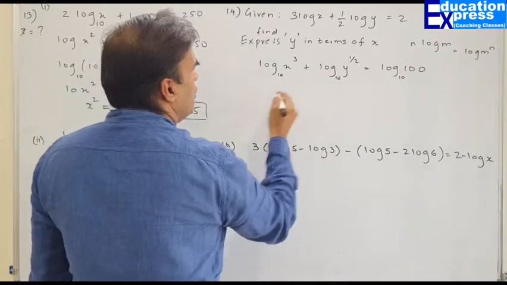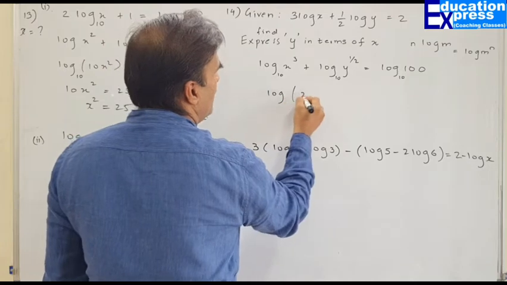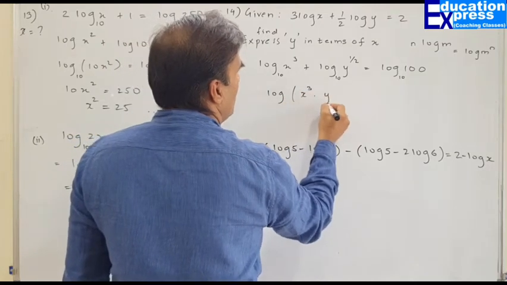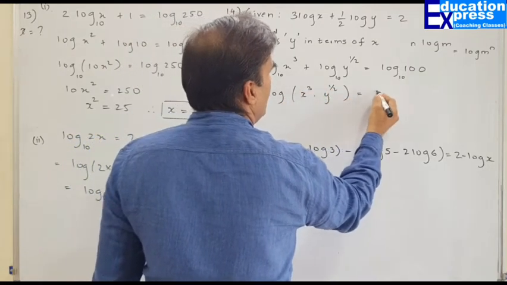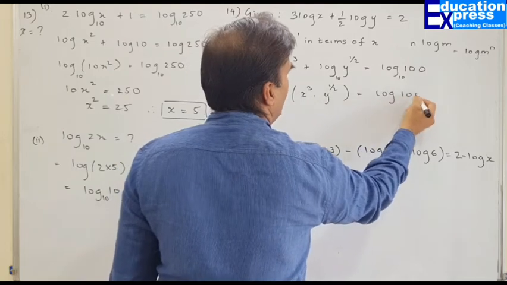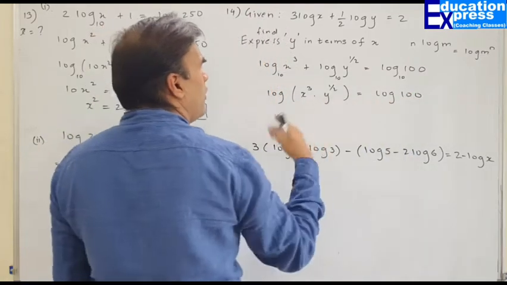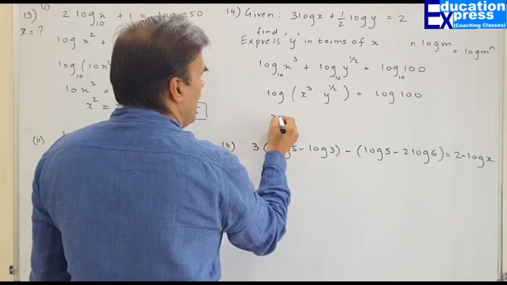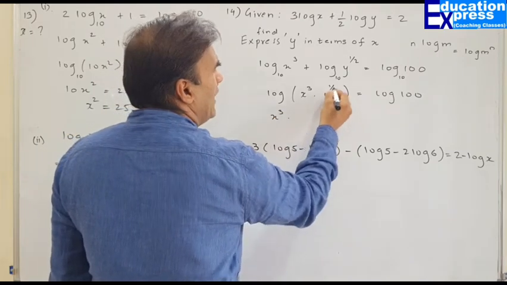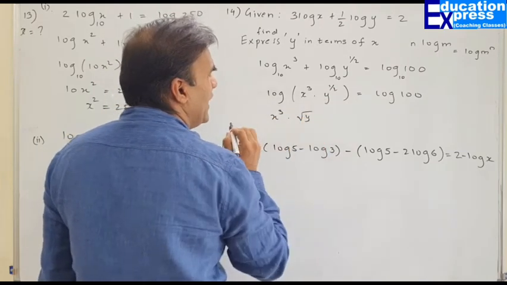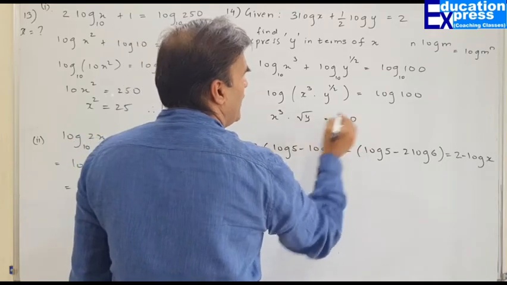So log a plus log b, log of ab would mean log of 100. Can we remove log from both the sides? Absolutely. x cube into y raised to half, which means square root of y, will be equal to 100.